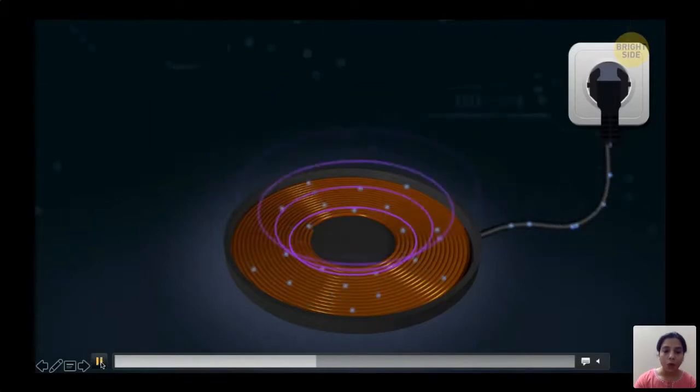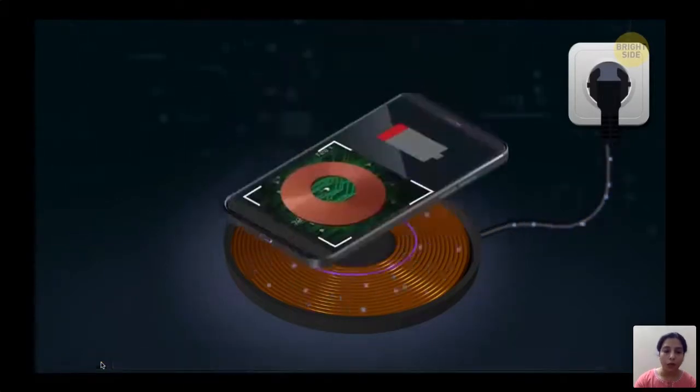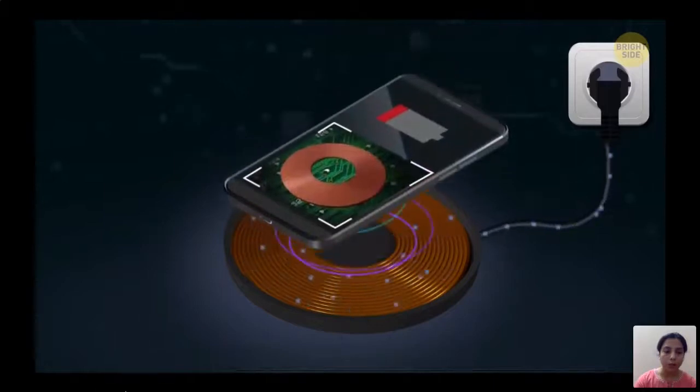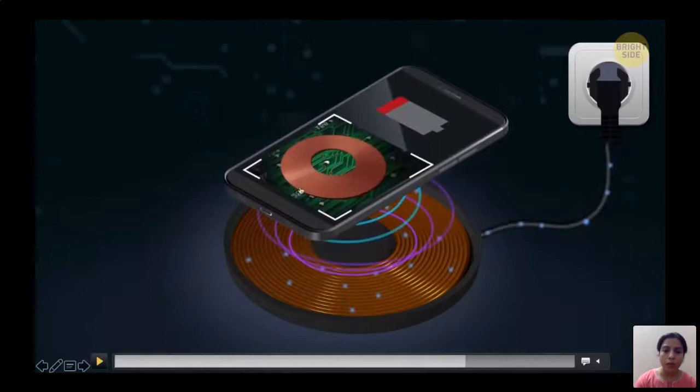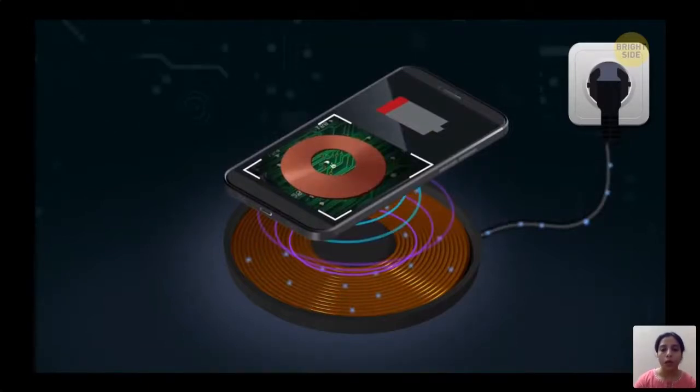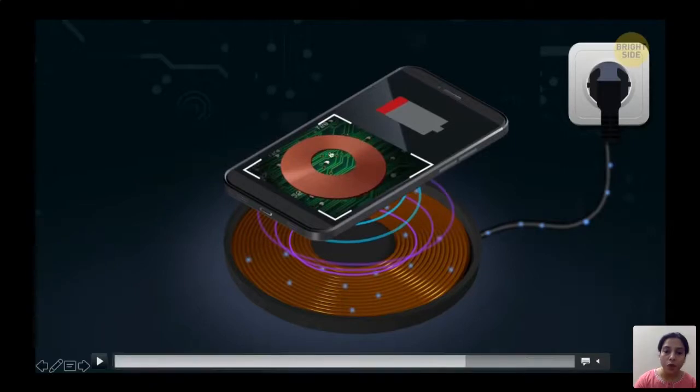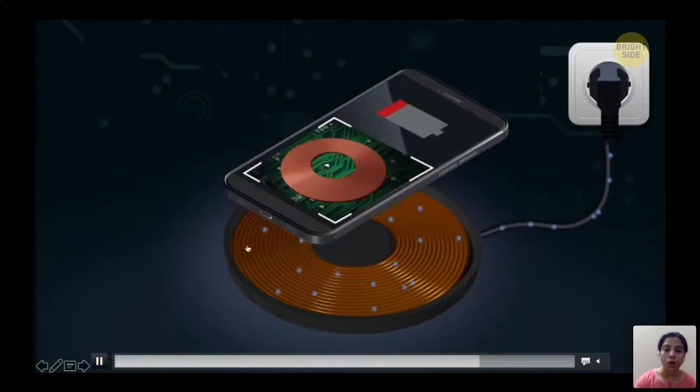Now, if you bring your mobile phone near this charger, your phone also has a similar, smaller secondary coil. So when you bring your phone near the charger, a resulting flux will get generated in the secondary coil. Okay, that causes the electrons to move in the coil, which results in the charging of your mobile phone.